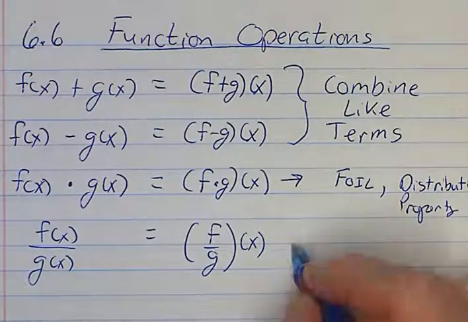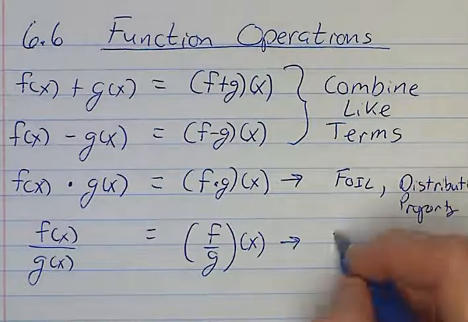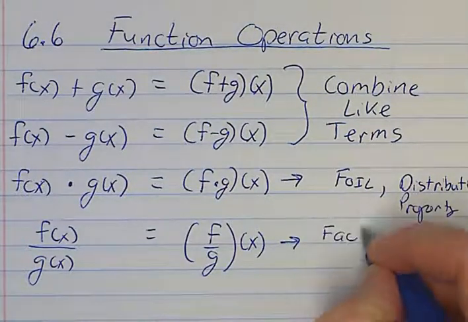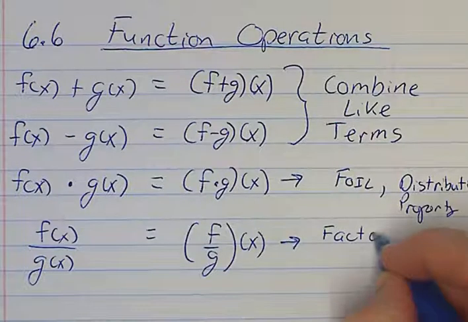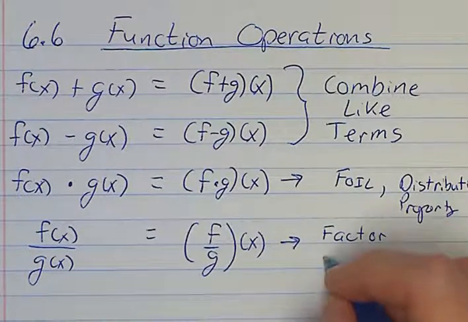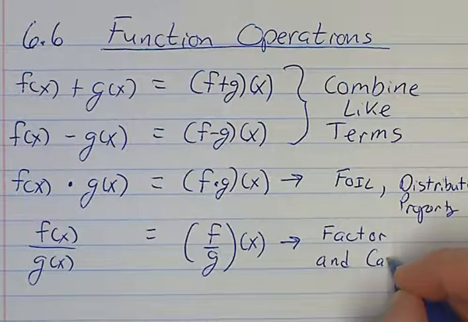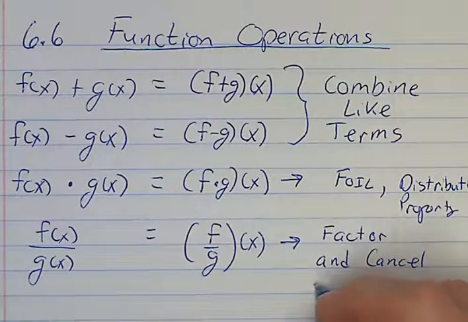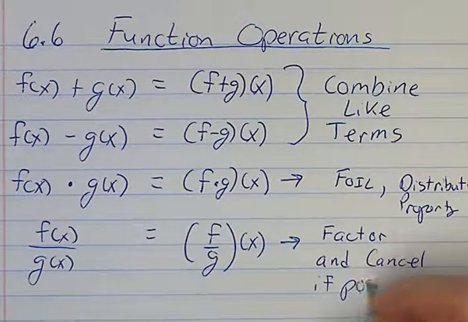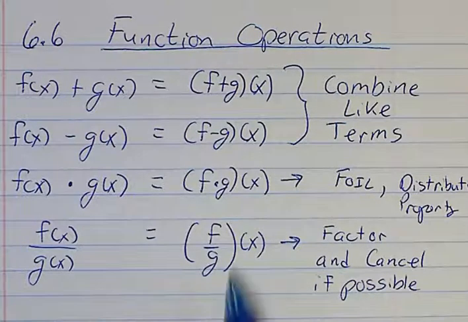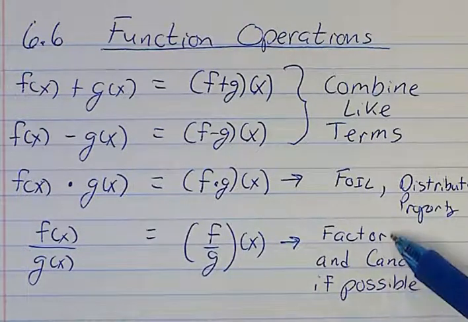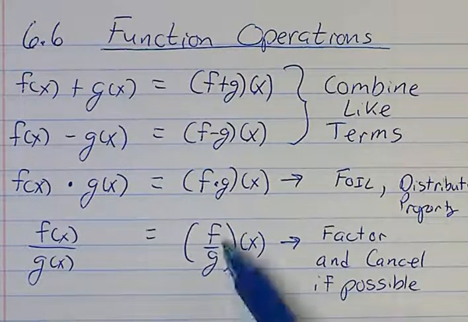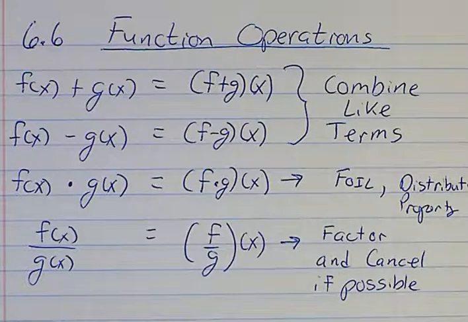And with the division problem, you're going to factor and cancel if it's possible. And this one's kind of a 50-50 because sometimes when you write down what the expressions are, they won't factor, which means they won't cancel, which means that once you write this expression, that's pretty much about it.